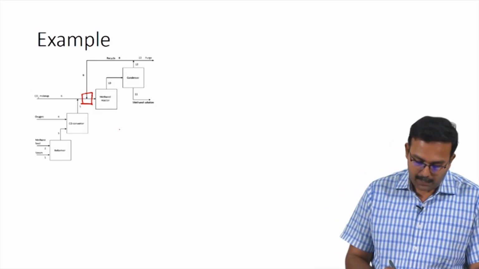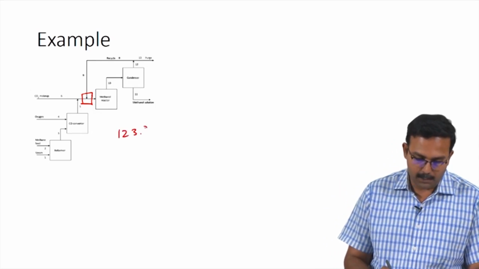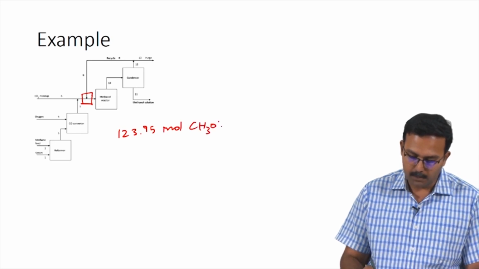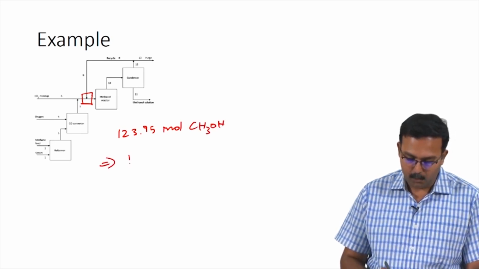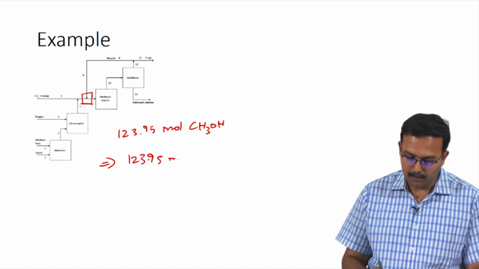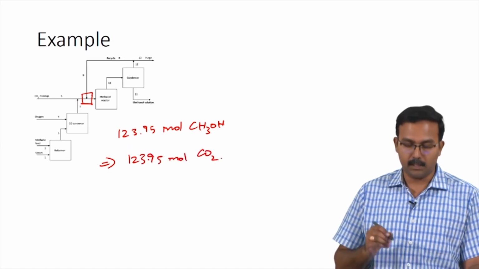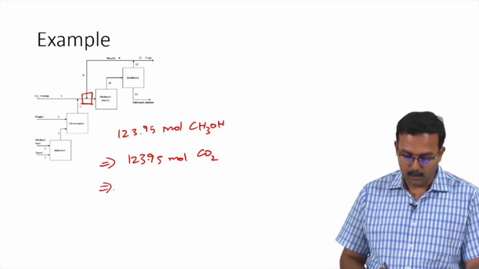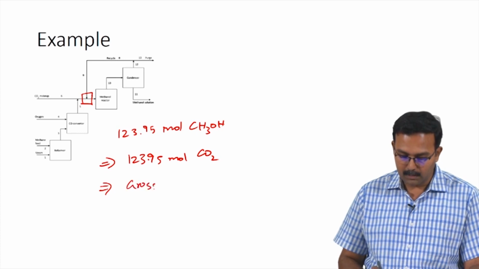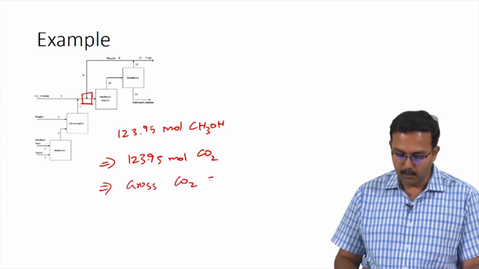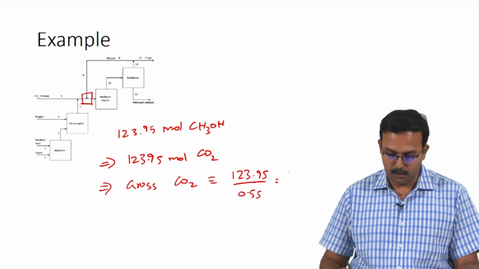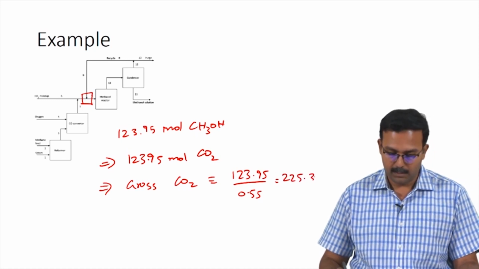So, what we have is 123.95 moles of methanol being produced. This implies 123.95 moles of carbon dioxide was consumed in this methanol reactor through a single pass. So, gross CO2 entering would be 123.95 divided by 0.55, giving you a value of 225.36 moles.